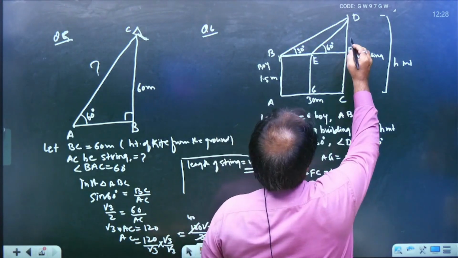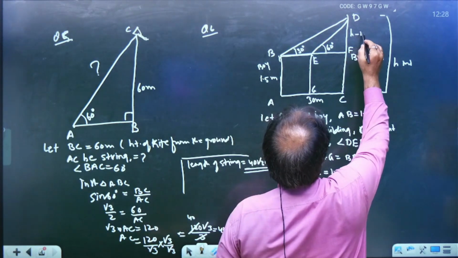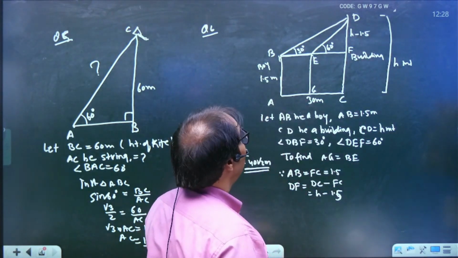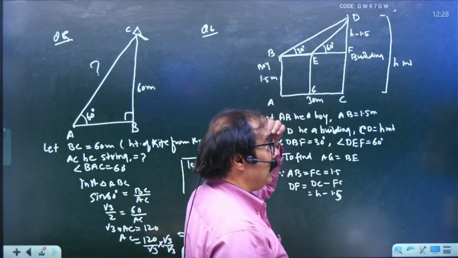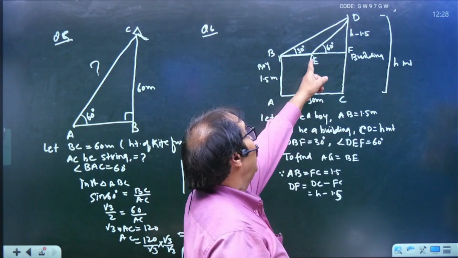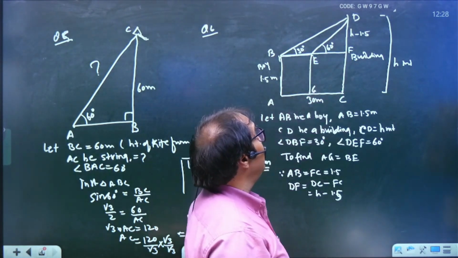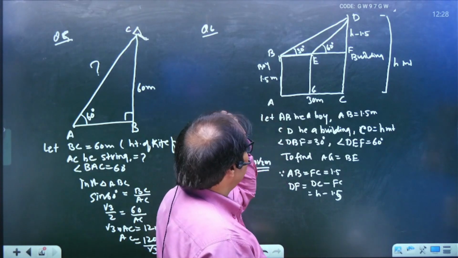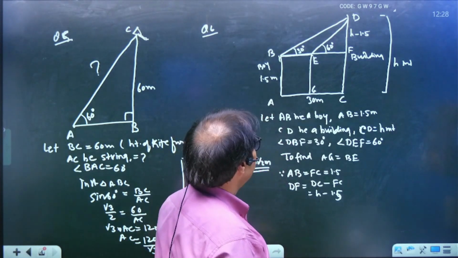This is DF. Now we have two right triangles. First go in this right triangle and find the value of BF, and then move to right triangle EFD and find the value of EF. Therefore BE is equal to BF minus EF.